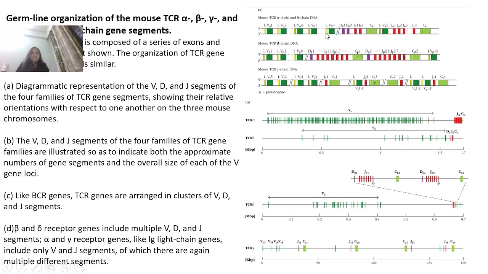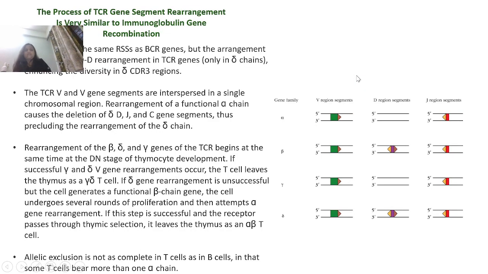So whenever there is a need for the alpha chain, this delta region will be deleted, while whenever there is a need for the delta chain, the alpha region will be deleted. The rearrangement of all these genes of the TCR will be similar. It will begin at the same time at the double negative stage of thymocyte development.